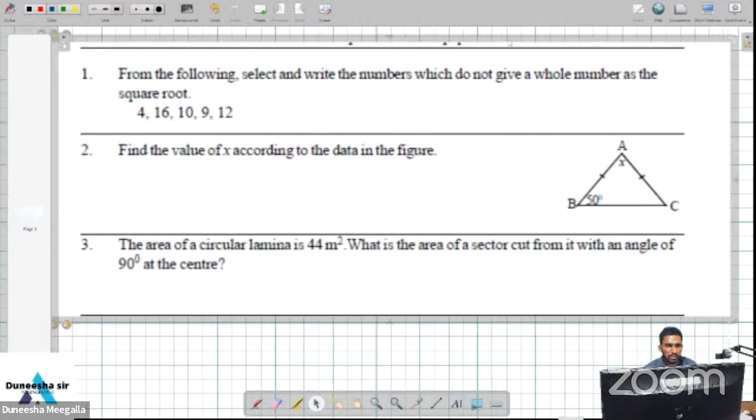What is the root of 4? What is the root of 4?